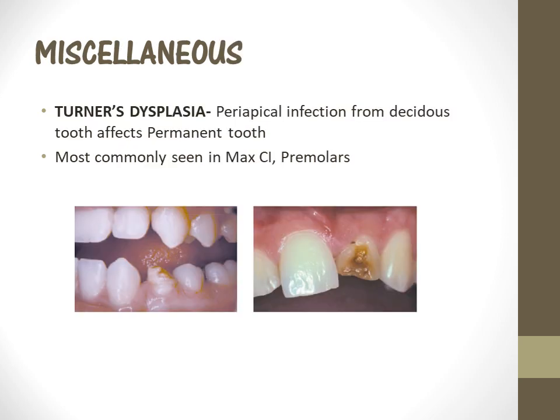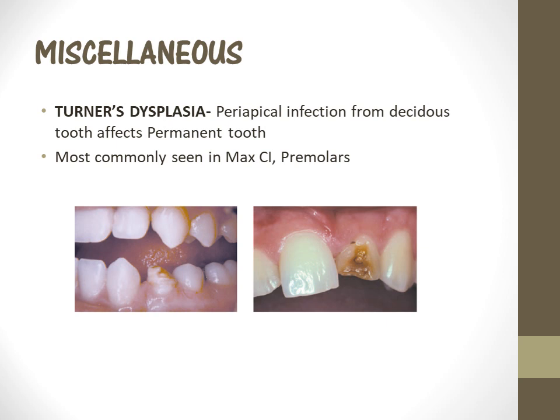Alright, talking about miscellaneous stuff. Some other developmental deformities that are very important from an exam point of view. The first one is Turner's dysplasia, which means this type of condition occurs when a deciduous tooth which has periapical infection spreads the infection to the permanent tooth.